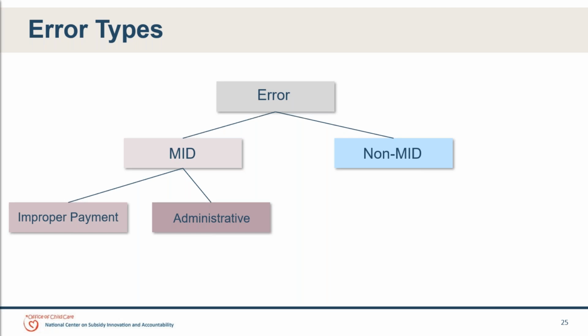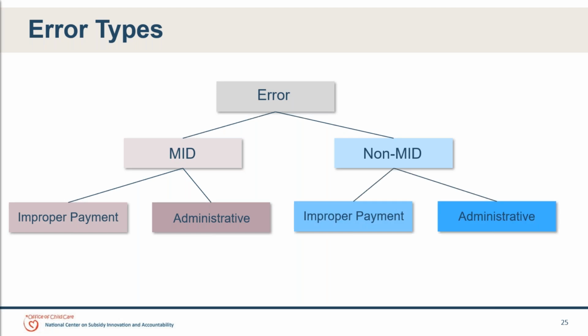Sometimes we call those non-payment or administrative. And the non-mid errors can also be broken down into improper payments and administrative. So in the end here, we have four types of errors, and the only errors where you would be completing the mid table are those errors that are caused by missing documentation or insufficient documentation that would cause an improper payment.